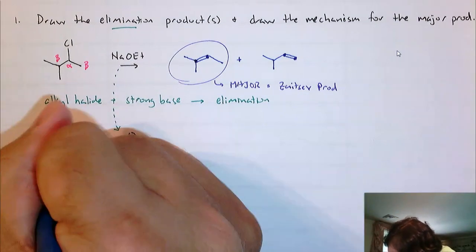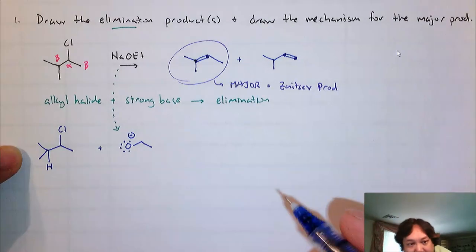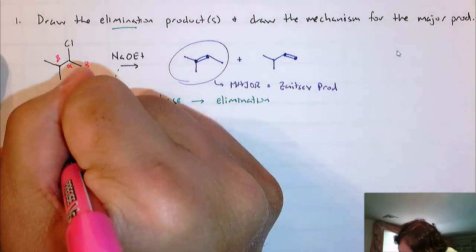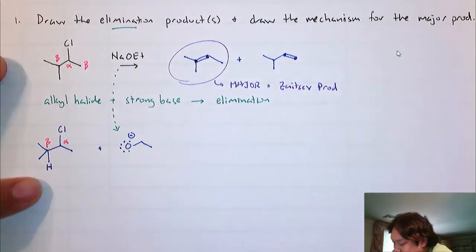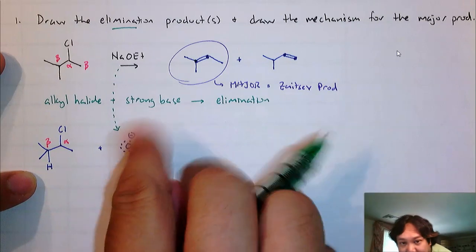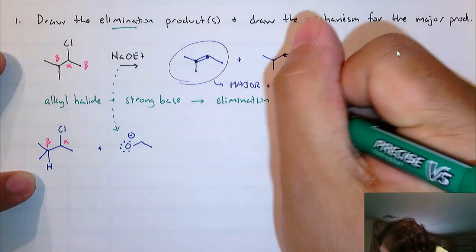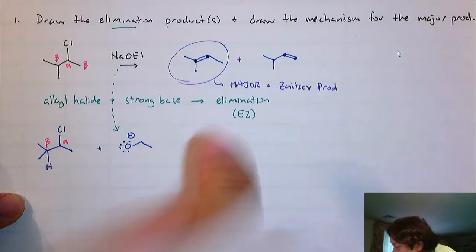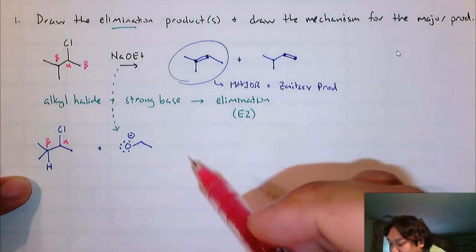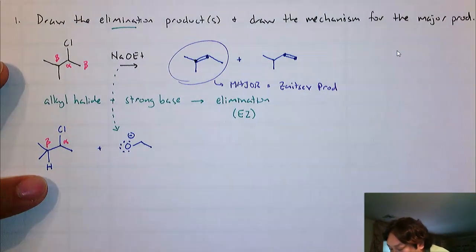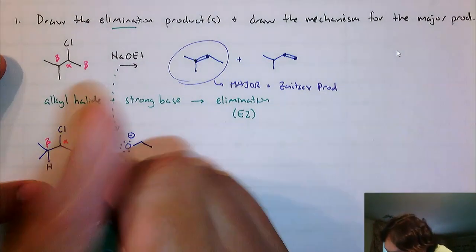I'm going to make this the hydrogen. So that carbon still has a methyl group, 2 methyl groups. And here's our beta, and here's our alpha. This is an E2 mechanism because we have a strong base. So when you have a strong base, also realize that it's going to be E2. Okay. I said my answer will be in blue, but to make my mechanism arrows pop out a little bit better, I'm going to draw my mechanism arrows in green.